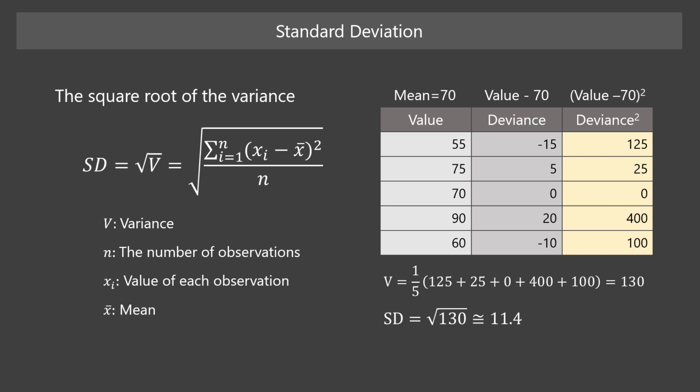We can compare the value and make meaningful addition and subtraction between the standard deviation and the variable's original value. Note that, just like the range, both variance and standard deviation are also susceptible to outliers.